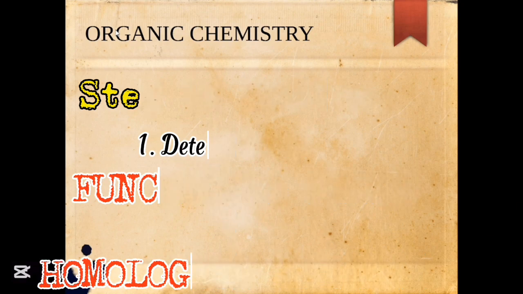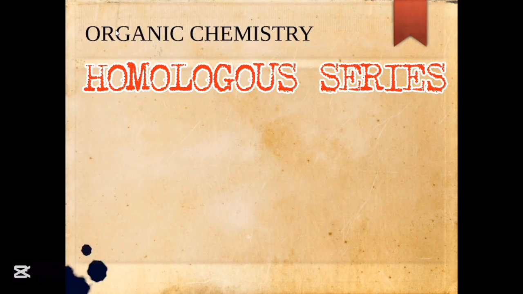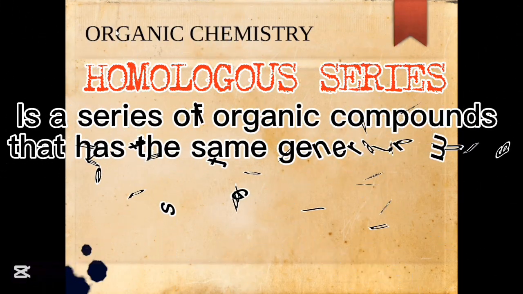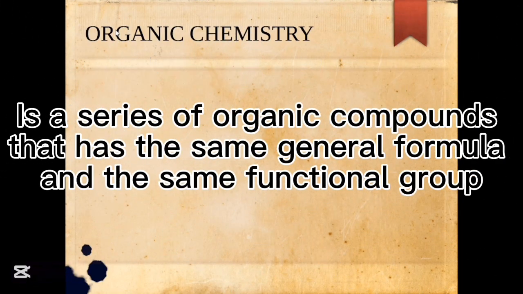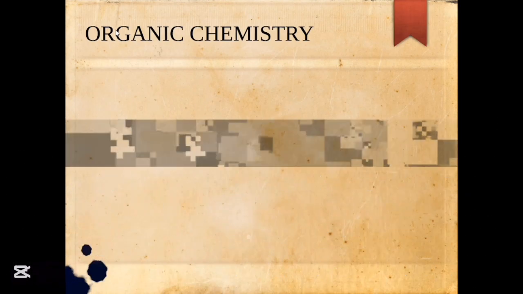So firstly, let us define what is a homologous series. A homologous series is a series of organic compounds that can be described by the same general formula and also have the same functional group.